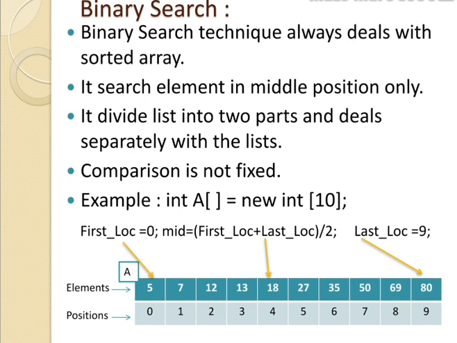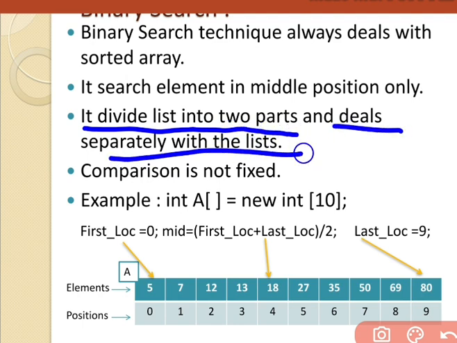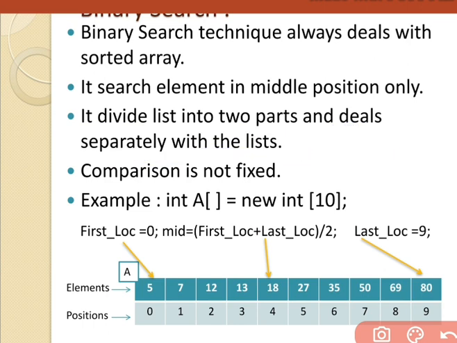See what happened. Firstly, we have to divide the list into 2 parts and deal separately with the list. Why is it required? Because I told you earlier that binary search always deals with the mid element. How are we going to find that mid element? We have to add the first, last and divide by 2.